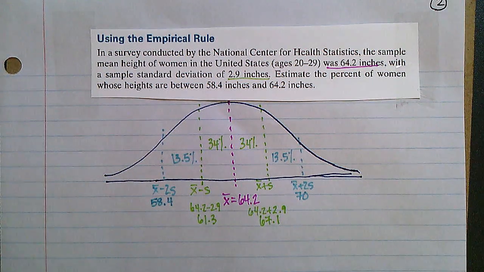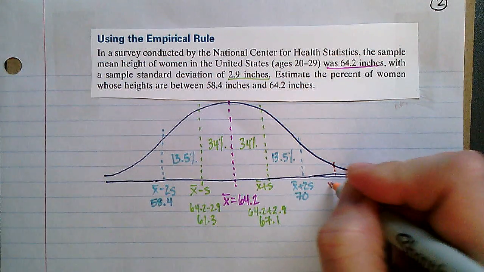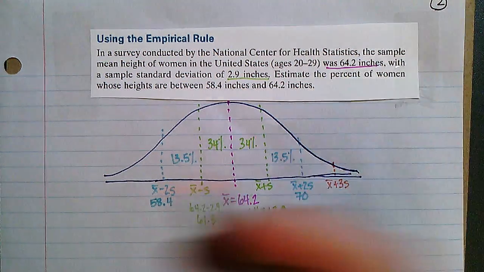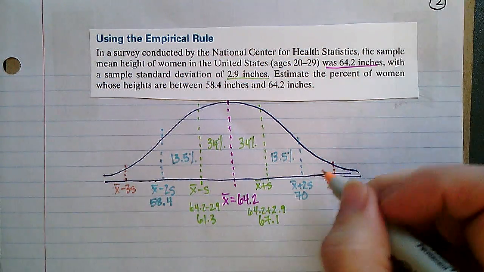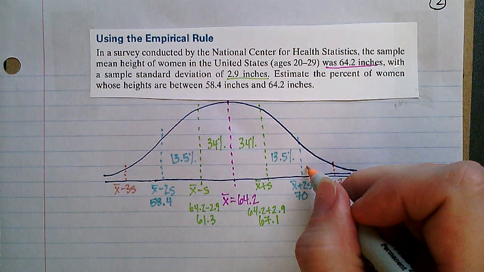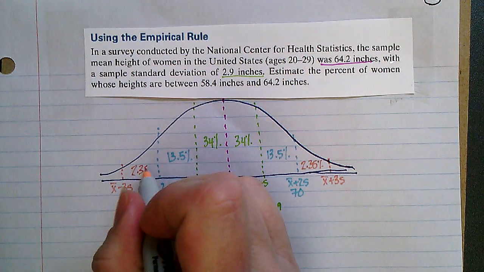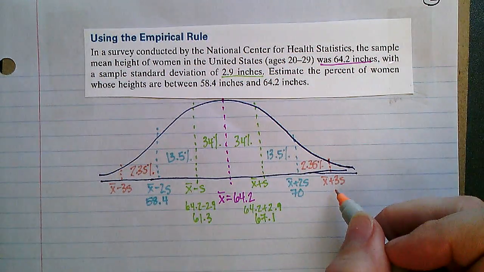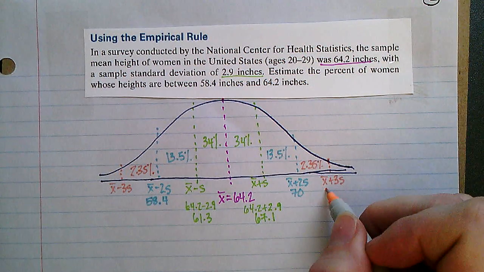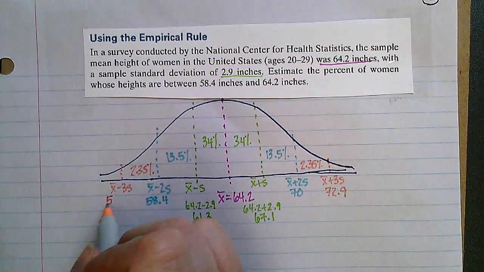And just for fun, we'll go out to the third standard deviation away. So X bar plus 3S over here, X bar minus 3S over here. And each of these was just that tiny 2.35%. So add another 2.9, so 72.9 here, and subtract another 2.9, 55.5.